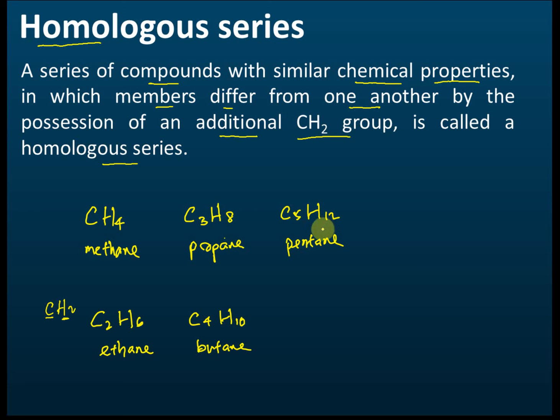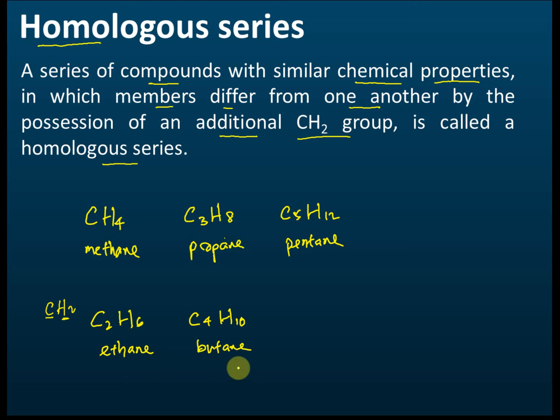We also find that these 5 carbon compounds have similar chemical properties. For example, all of them can combust in air, and all of them can react with chlorine. So chemically they are almost the same.